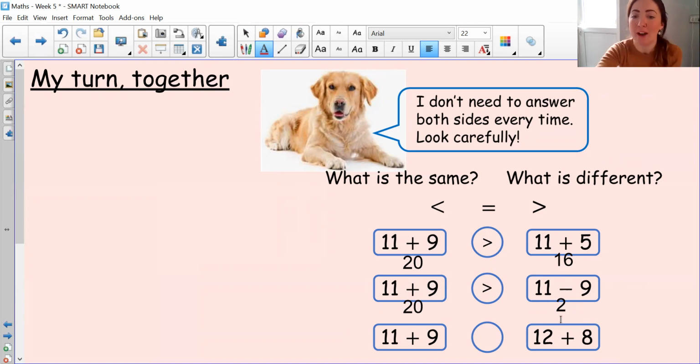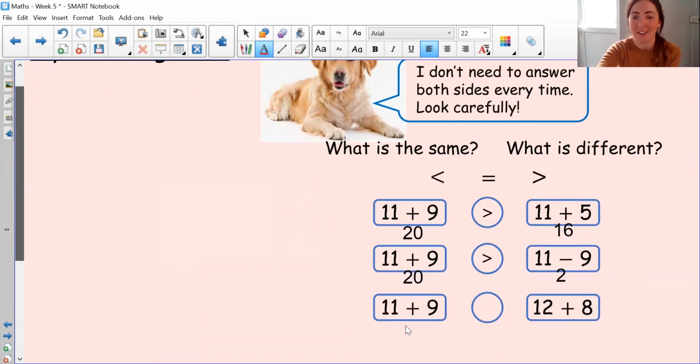Now for the last one, can you have a go at this one on your own? So pausing the screen and then we'll come back. Okay, so we know 11 add 9 is 20 because we've already worked that out in the previous 2 comparisons. And then over here, I can see it's another number 1 to 10. 2 and 8 is 10.